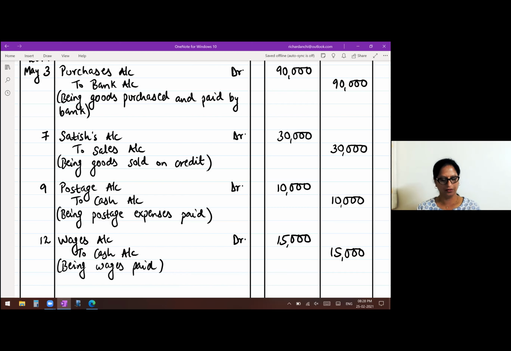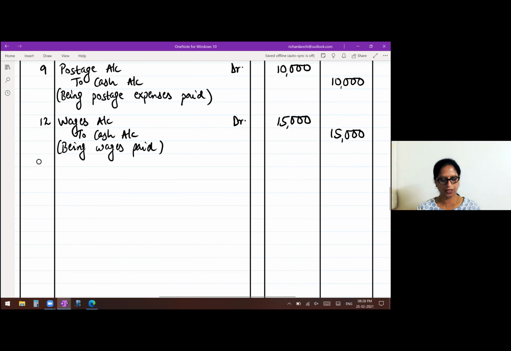Okay, 15th, received check of 30,000 from Sati. You are receiving, okay? That is, check means your bank will be receiving its personal account, debit the receiver, and you're receiving from Sati. Sati is the giver.